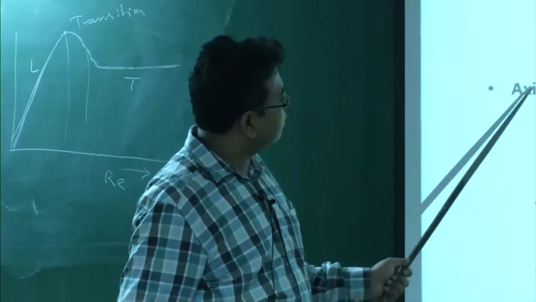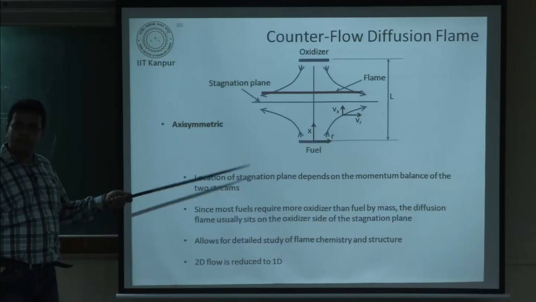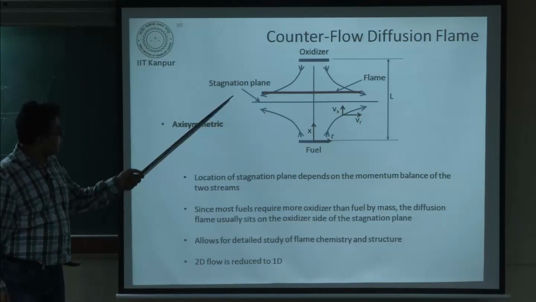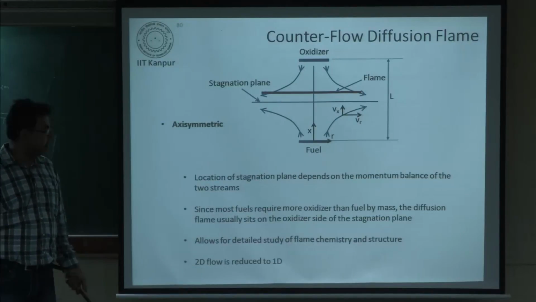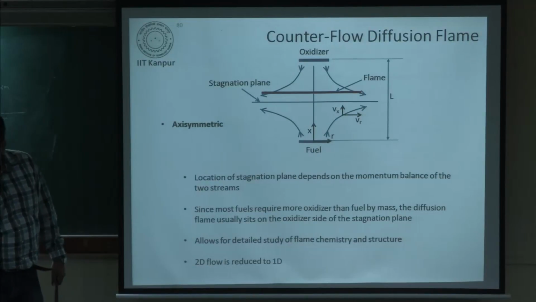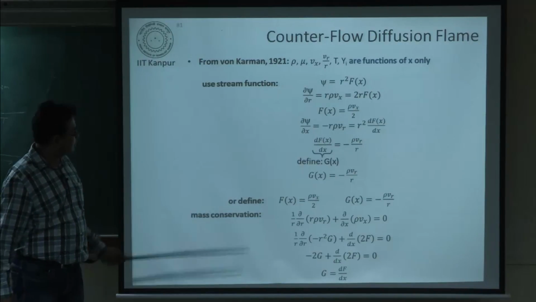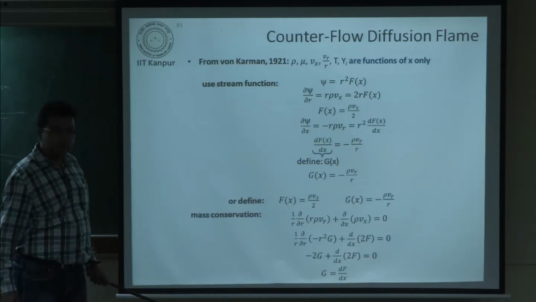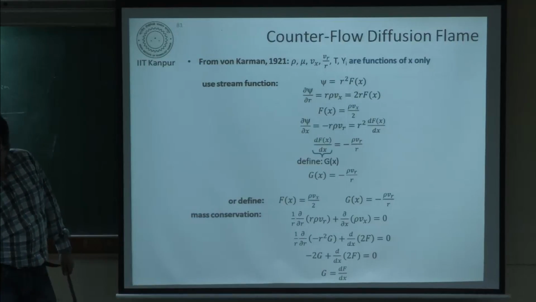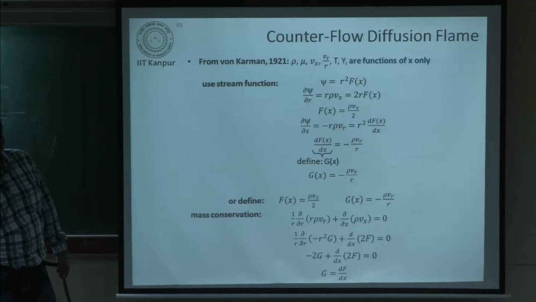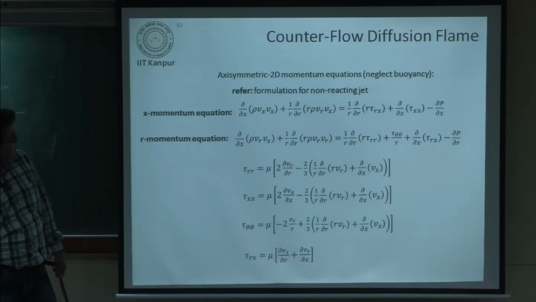So we can carry out the analysis of this type of counterflow diffusion flame in a very simplified manner. Again we can use the stream functions, and from that we can derive it. It is a long derivation, so I will not go through that.